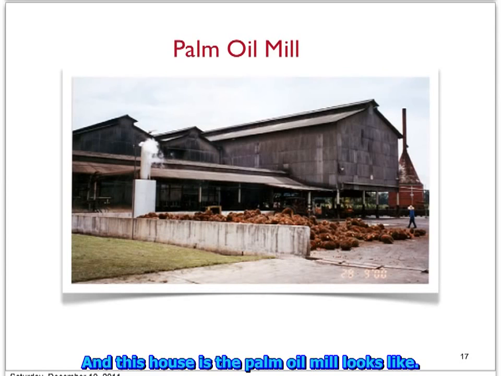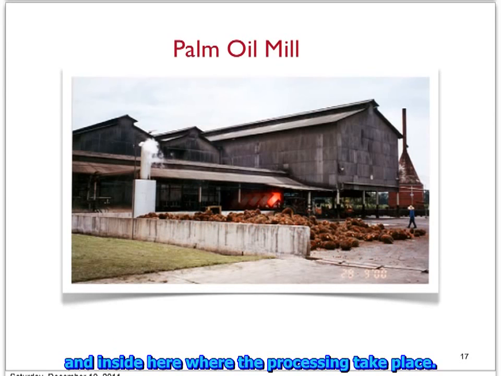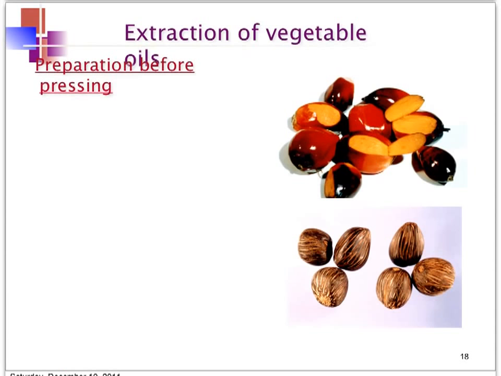And this is how the palm oil mill looks. You can see the oil palm fruit bunches stored in the open space here, and inside here is where the processing takes place.